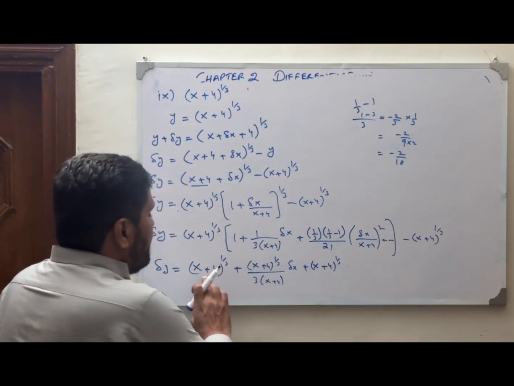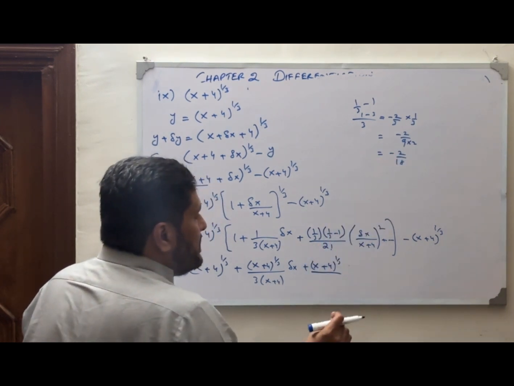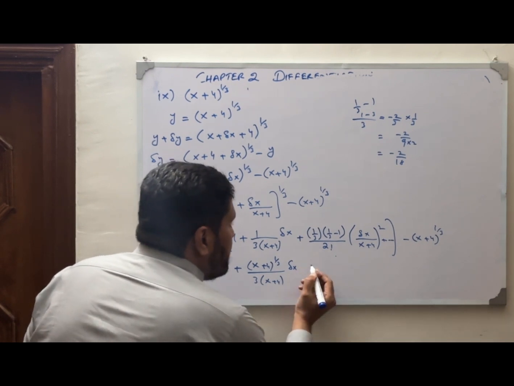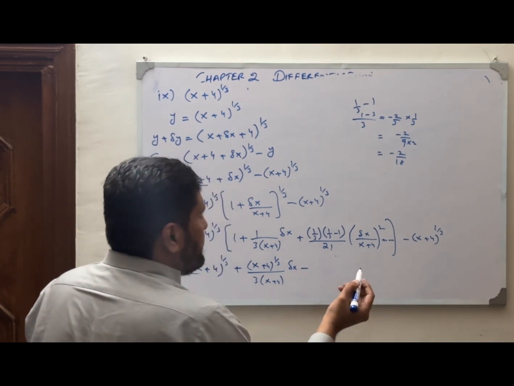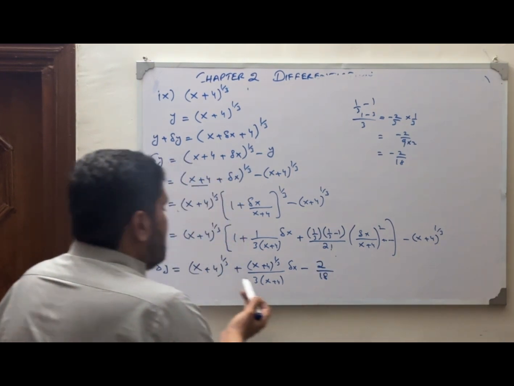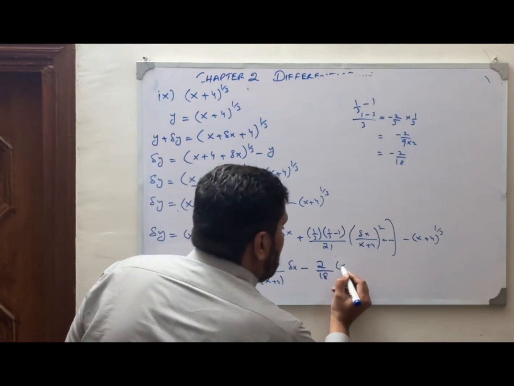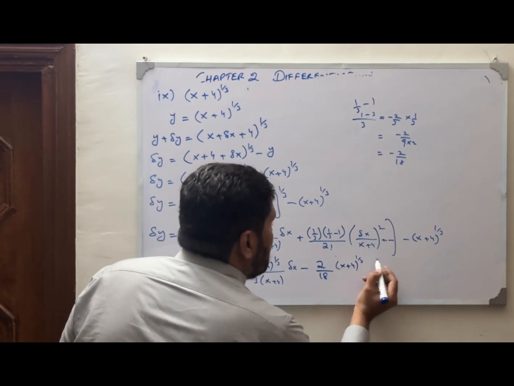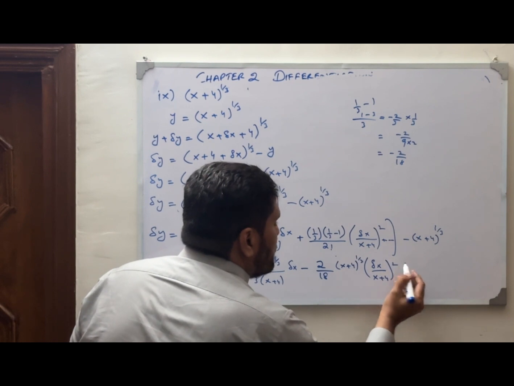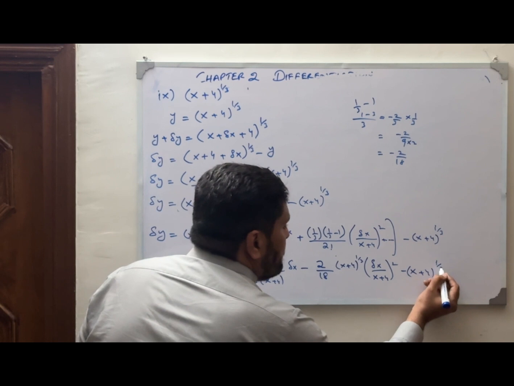So we write it as (x plus 4) power 1 by 3 divided by, or this is minus 2 by 18 and multiplied by this term (x plus 4) power 1 by 3 and delta x by (x plus 4) whole square, minus (x plus 4) power 1 by 3.